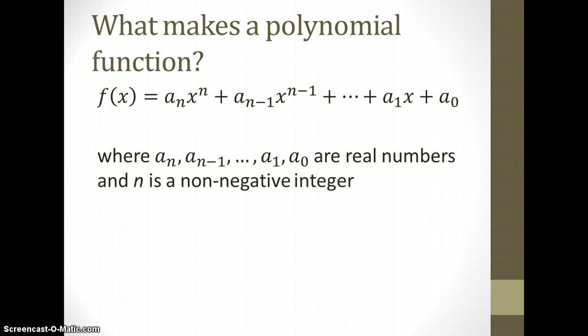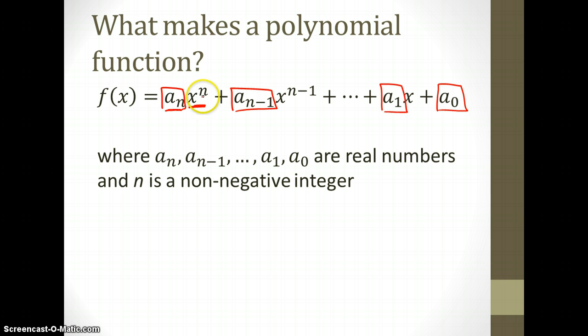So if you look at this generic form, you have in front of each of these terms an a, and this is just a way to mark our form. It says all these a's out in front: a sub n, a sub n minus 1, a sub 1, a sub 0. These are all just real numbers, the numbers out in front of our variable.